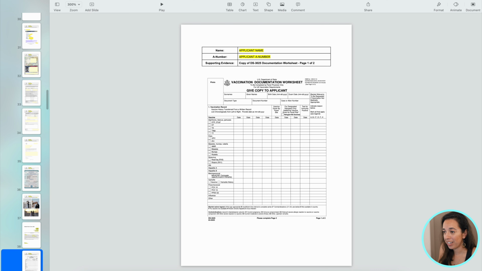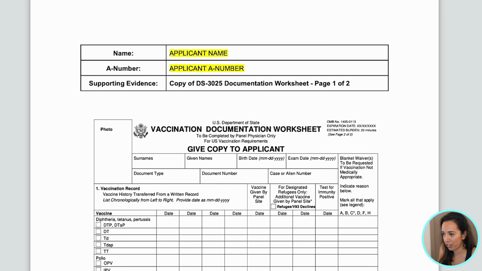Here is a copy of the DS-3025 vaccination documentation worksheet. And this is what was provided after undertaking a medical exam back in my beneficiary's home country. If you don't have this form, you'll need to fill out the I-693 Report of Immigration Medical Examination and Vaccination Record form.